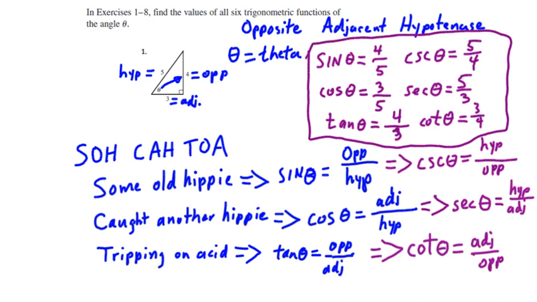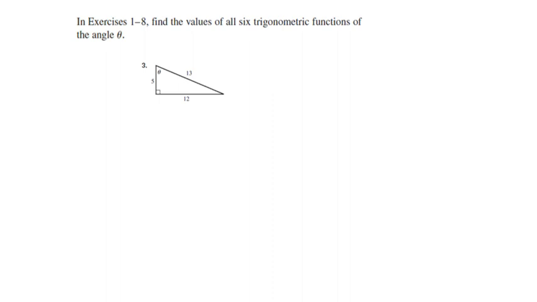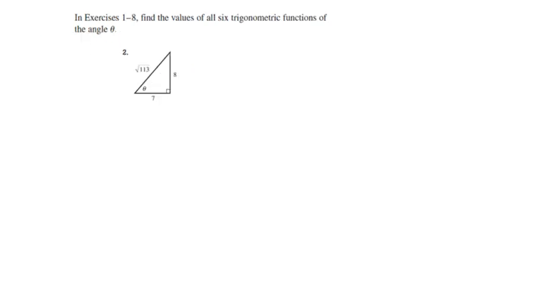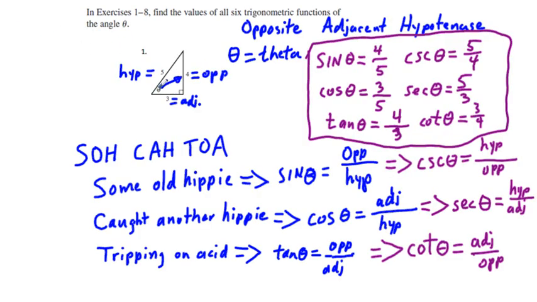Next, let's go to problem 3. We have this one here. Now, we have a little bit different challenges with this problem in that a lot of people have trouble if your angle is not in the same place relative to each triangle. For example, if we look back to problem 1, we saw in the lower left-hand corner the angle theta.